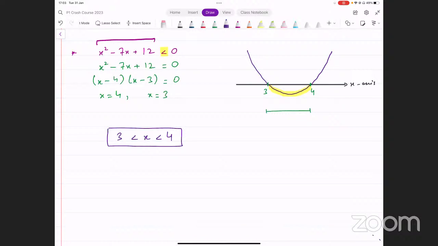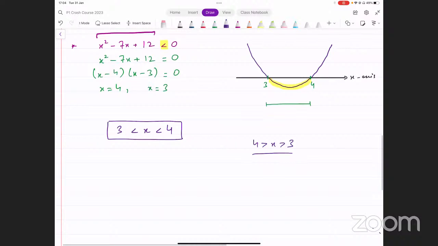All right, some people write it like this: 4 greater than x greater than 3. Although that also makes sense mathematically, what we do conventionally is that we write the smaller number on the left side and the larger number on the right side. Then we have the less than signs in the middle.